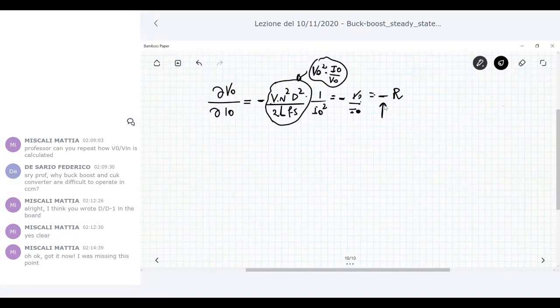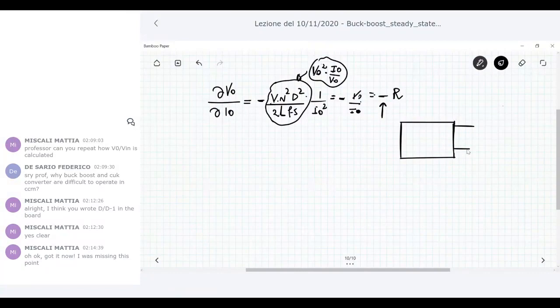What is the reason to have this sign here? Just a conventional sign.